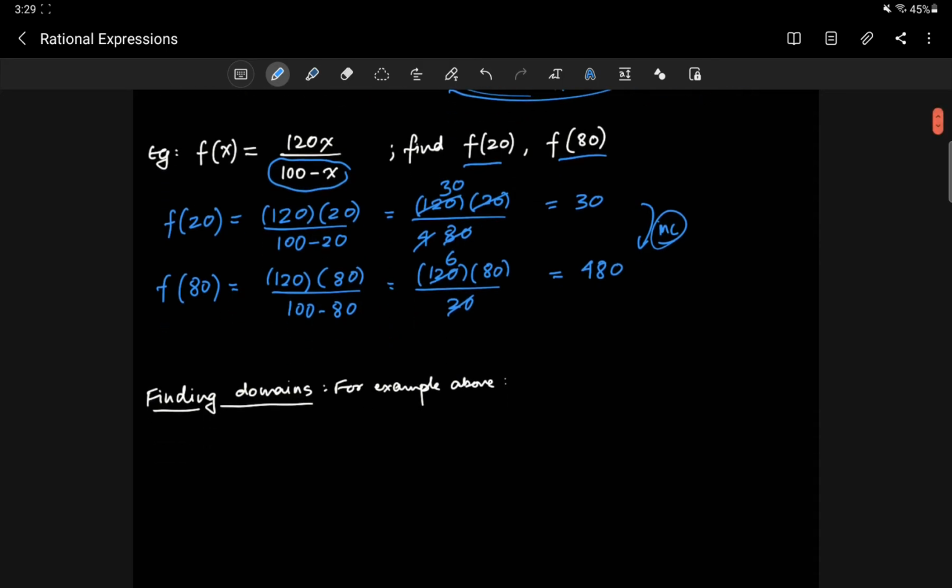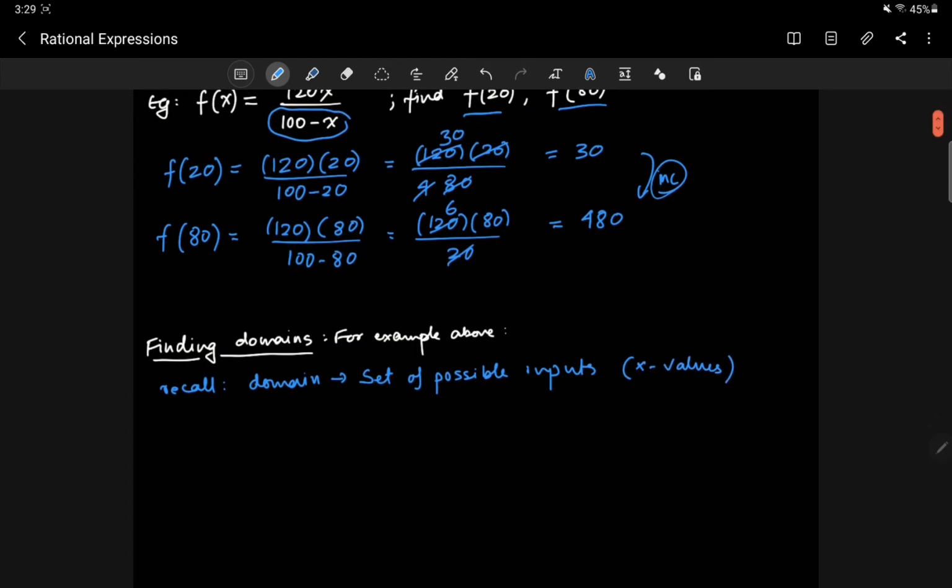Now, in the above example, you can also be asked to find the domain of these rational functions. What you have to recall, firstly, is what domain is. Domain is the set of possible inputs, right? And inputs are represented by the x values, which means that to find the domain, we are looking for problem points.